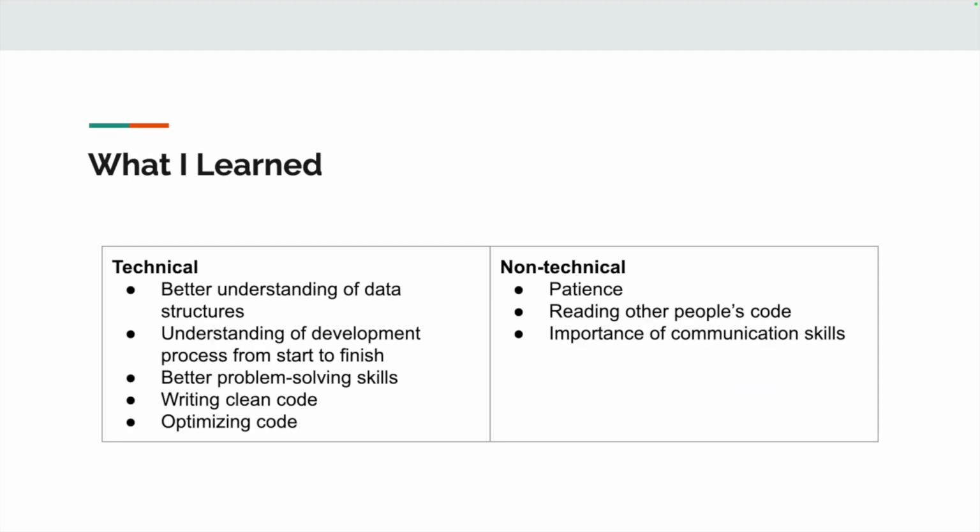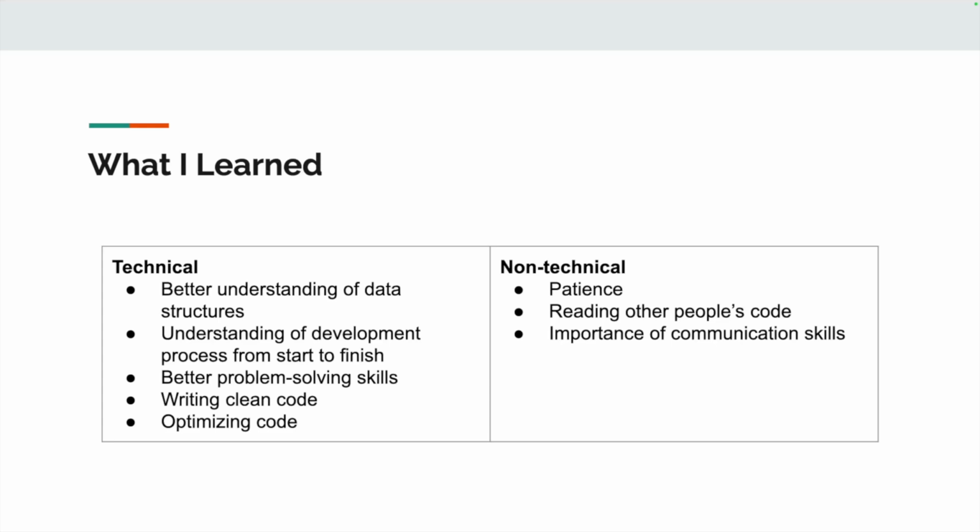So what are some things that I've learned? Definitely I have grasped a better understanding of data structures. For example, I have learned more about properties of arrays and objects, as well as understanding the development process of my project from the very beginning to the end.